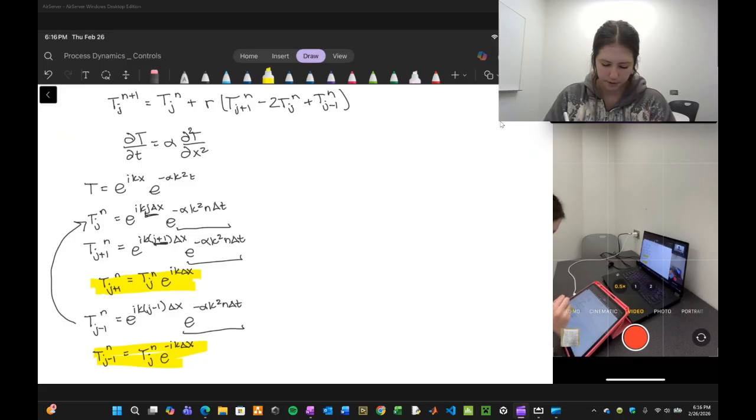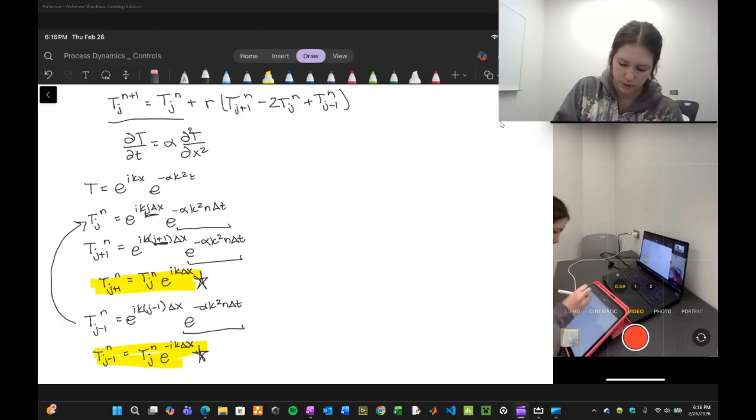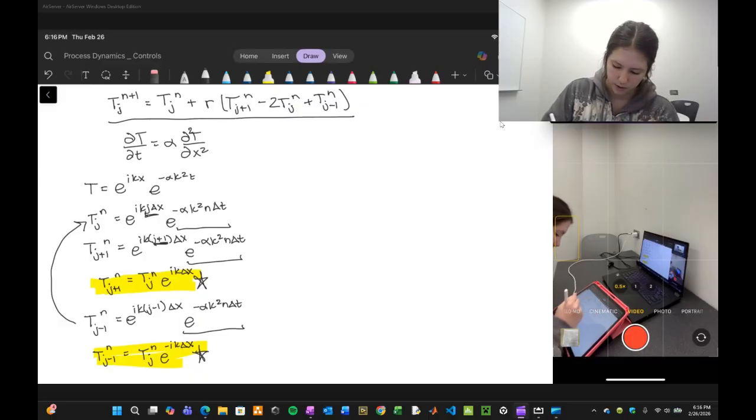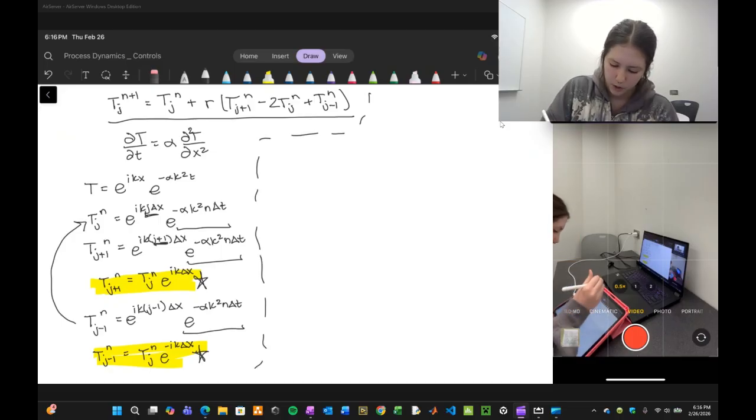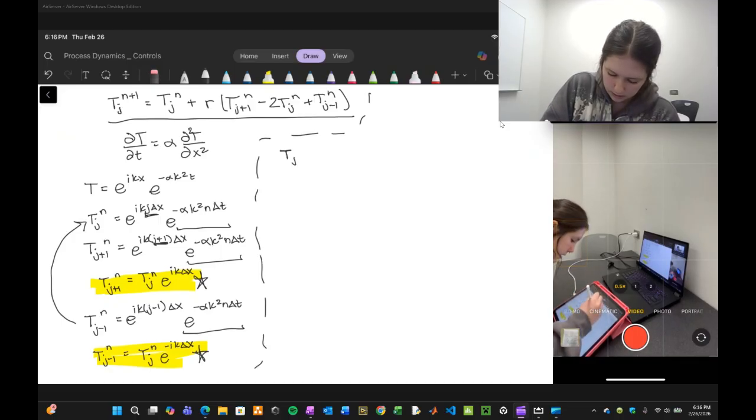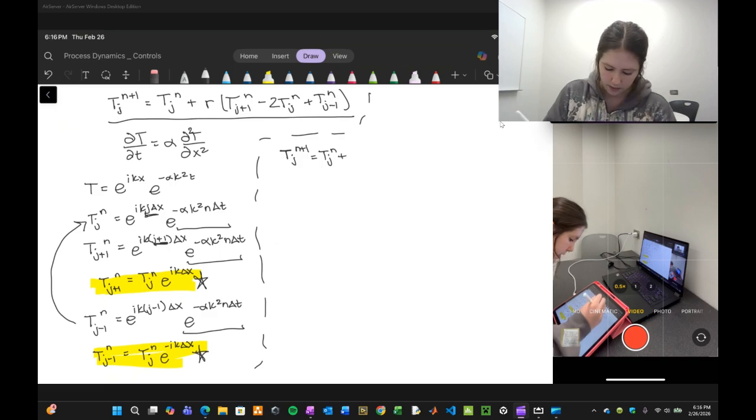So now we can plug in these two equations here into our original equation up here. So I will do that to the side. We will get T_j of n plus 1 equal T sub j of n plus, and then I'm just going to take the T_j's out right here so it's a little simpler.